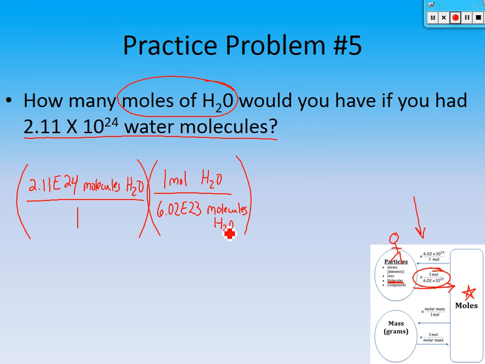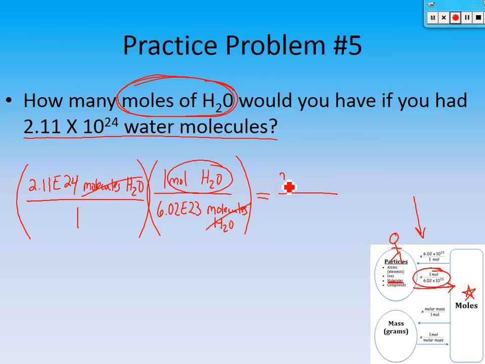Okay. Now let's look at it. My molecules of H2O is going to cancel out. Molecules of H2O divided by molecules of H2O is 1. And we're left with the units moles of water. Well, guys, look, that's what we wanted to go to. So I'm done. I'm going to throw in an equal sign. And now it's just a math problem. This number times this number goes on top.